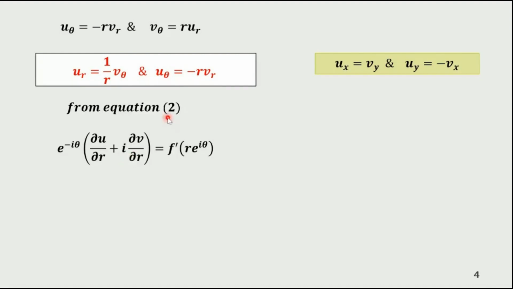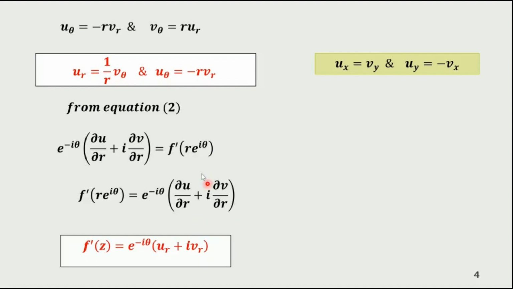From equation 2, I can write, taking e raised to minus I theta on this side, F dash of R e raised to I theta is e raised to minus I theta times (∂U/∂R plus I ∂V/∂R). Or I can write F dash of Z is equal to e raised to minus I theta (U_R plus I V_R).